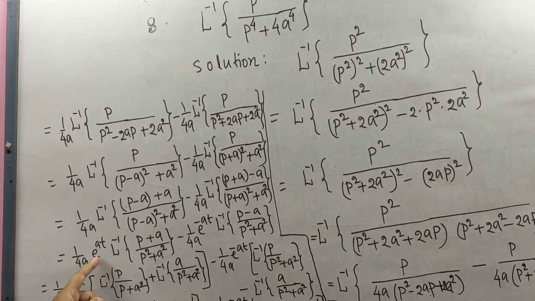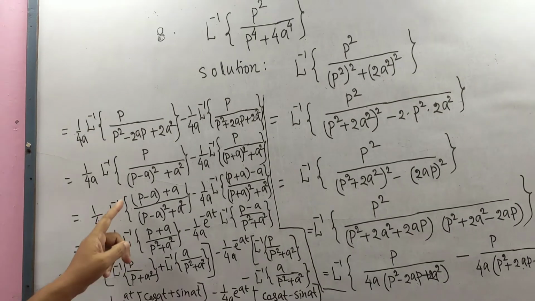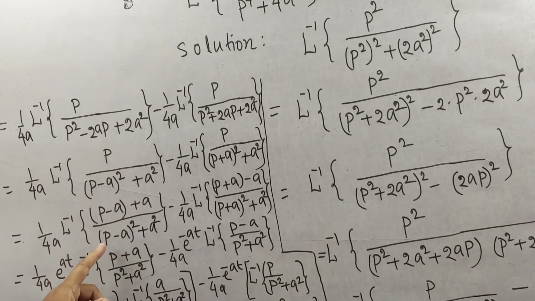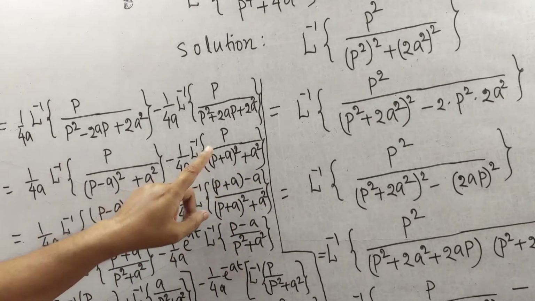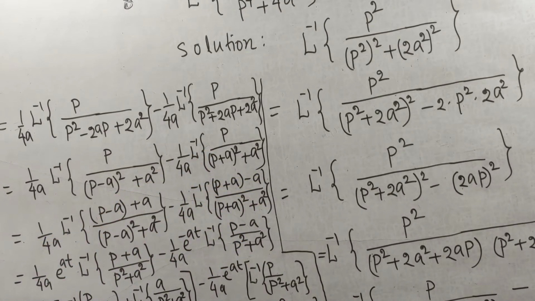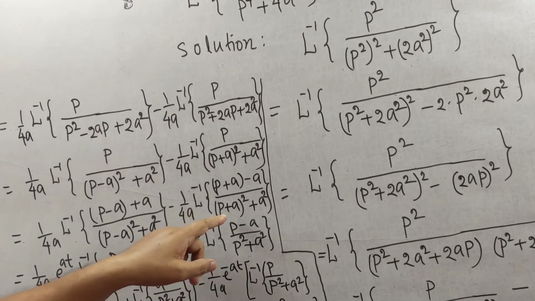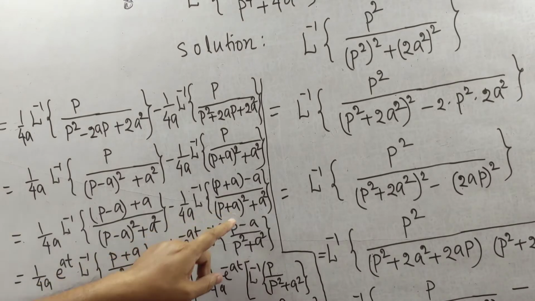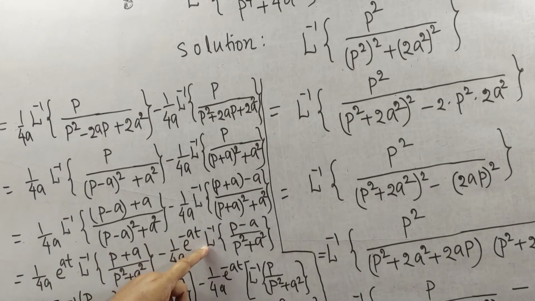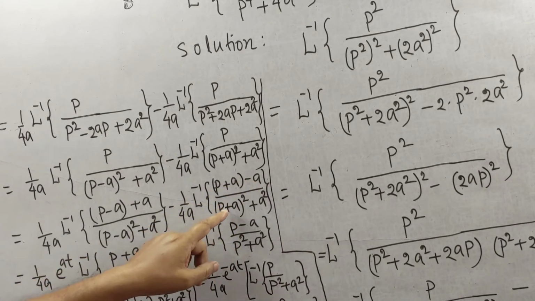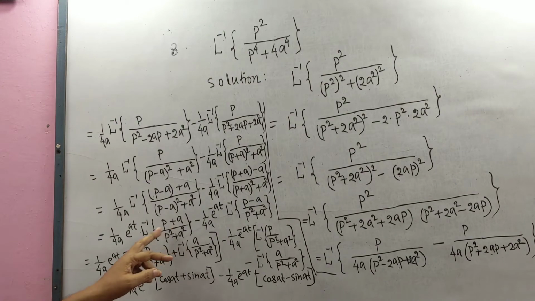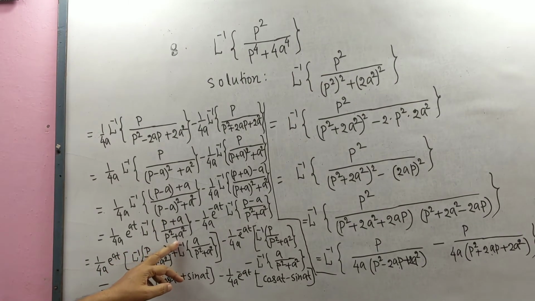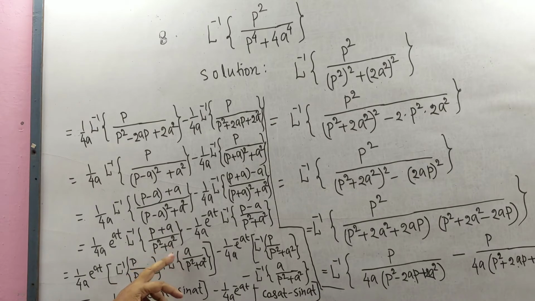E to the power at outside, L inverse, here p plus a, p square plus a square. Here we see that this is the function of p plus a, so we also use the first shifting theorem of inverse Laplace transformation. So we take e to the power minus at outside, L inverse p minus a, p square plus a square. We separate these to L inverse p by p square plus a square plus L inverse a by p square plus a square.